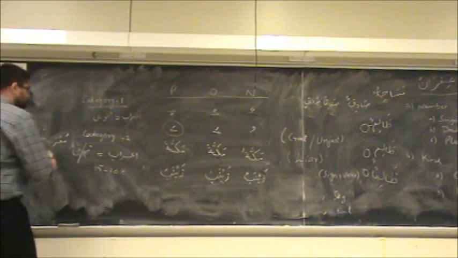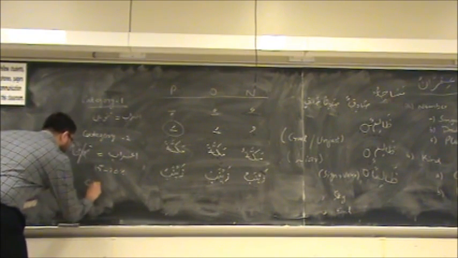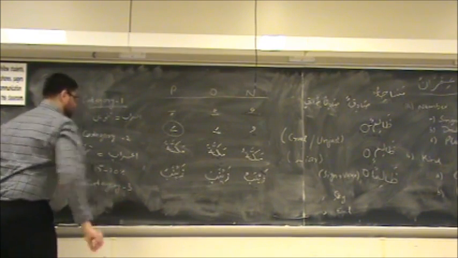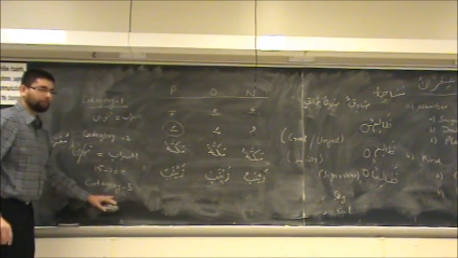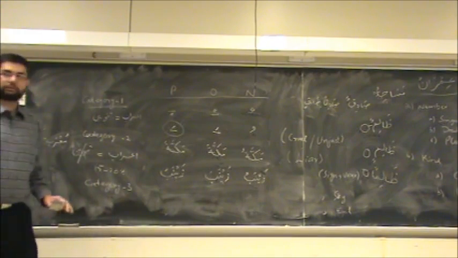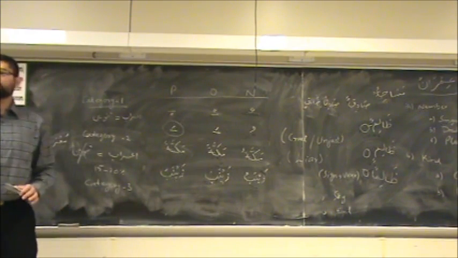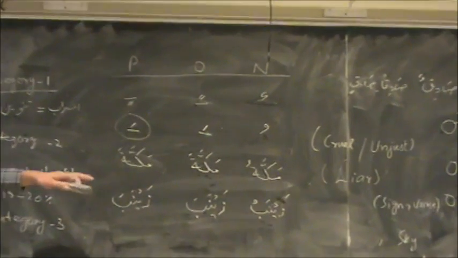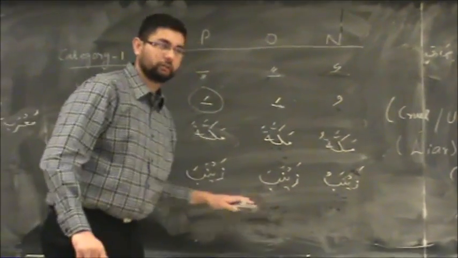Now there is the third category, which is very small. In this category, the shape of the noun does not change. It will stay the same word, same shape in all three cases.